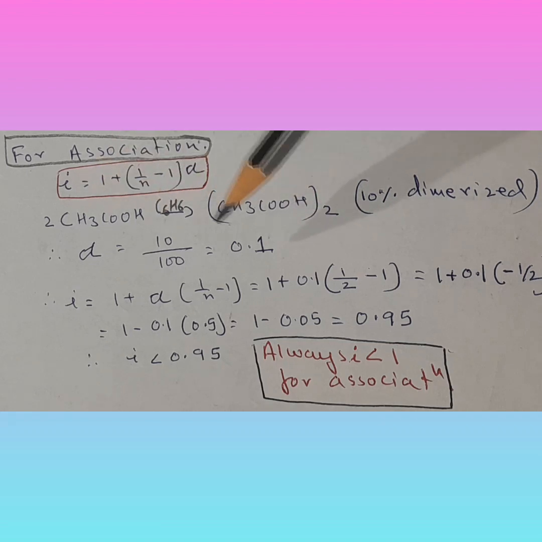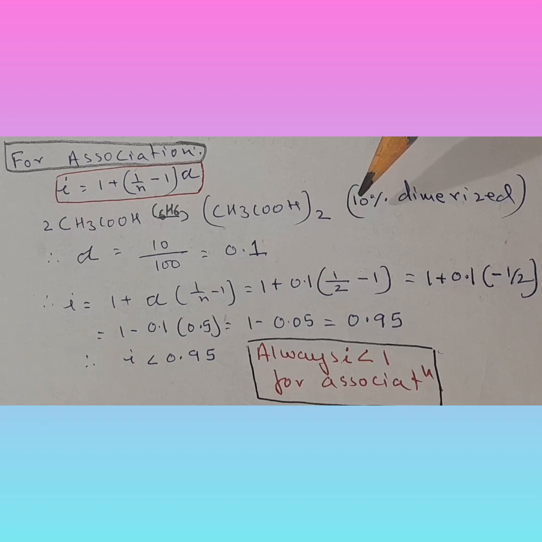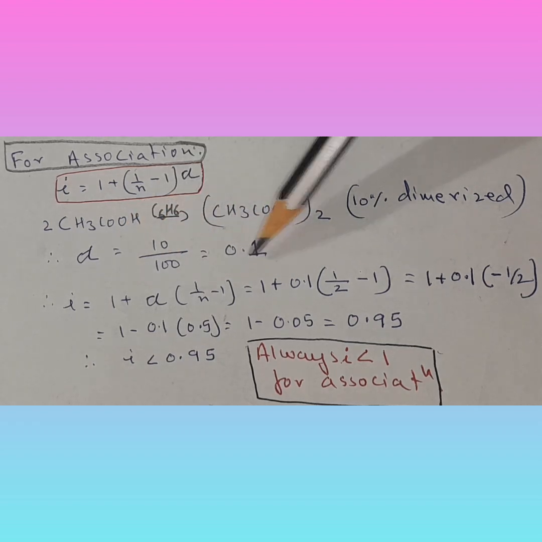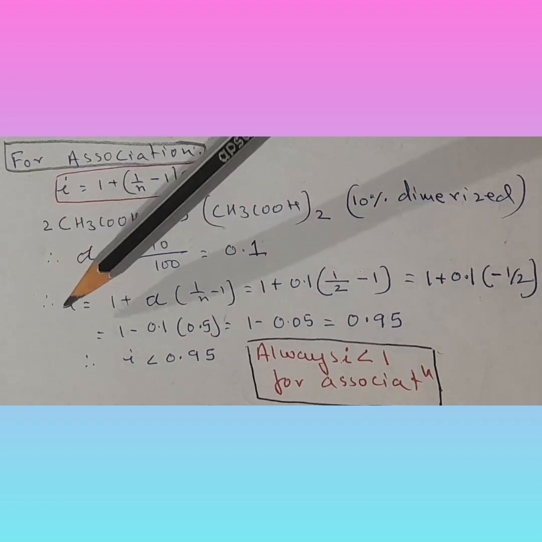Dimer means 2 molecules combine together to form a dimer. It's given that it dimerizes to the extent of 10%. So obviously alpha becomes 10 upon 100, that is 0.1.